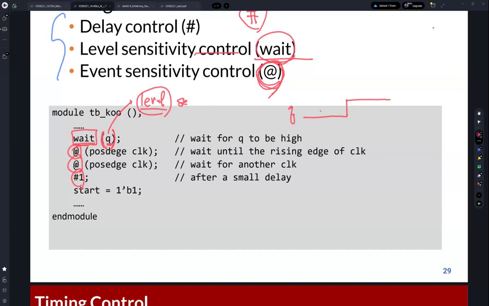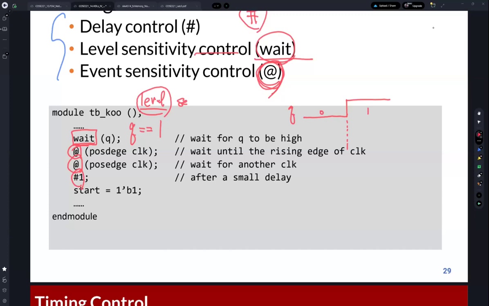Then you can find that the value of Q changes at this time from 0 to 1. This is the condition. Inside the brackets, you can find the Q value, which is equivalent to saying Q is true. What does true mean? True means Q is equal to 1.